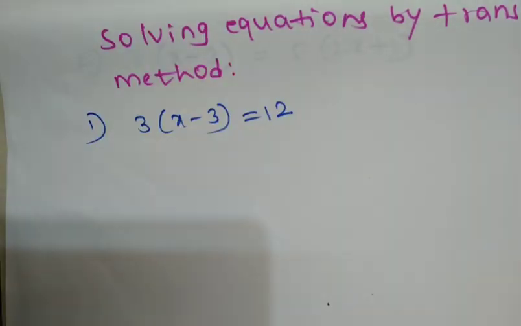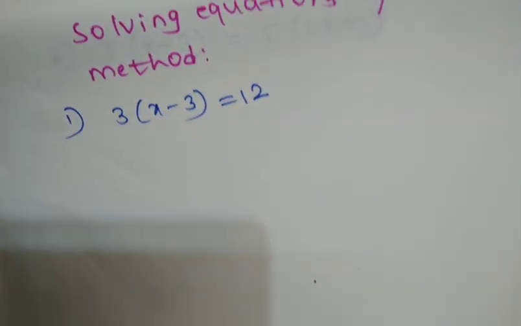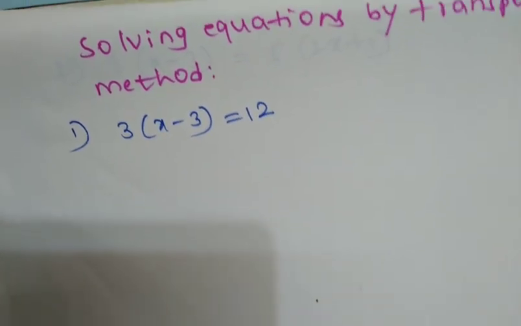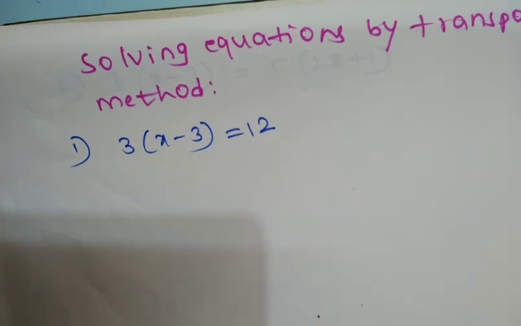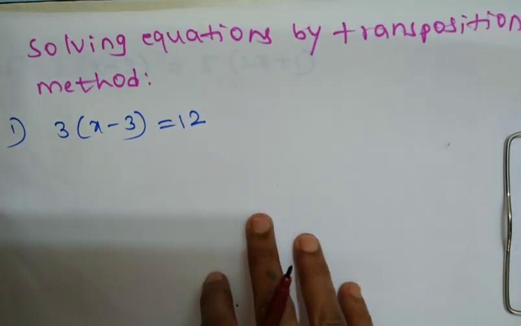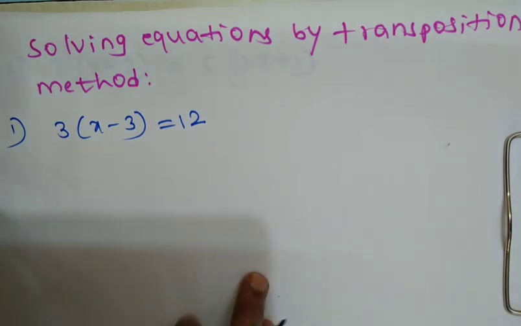Now let us see how to solve an equation by the transposition method. So what is that transposition method? In this case, we directly solve the equation by the transposition method.